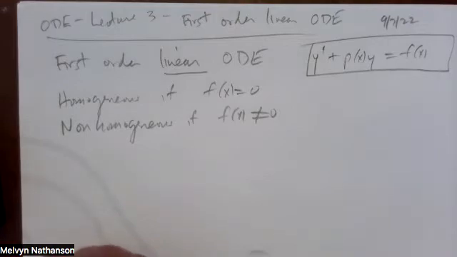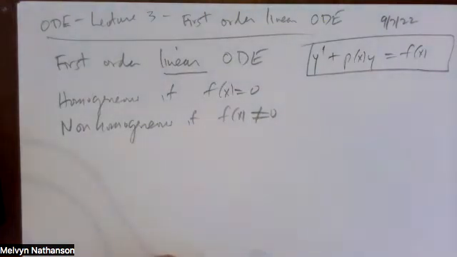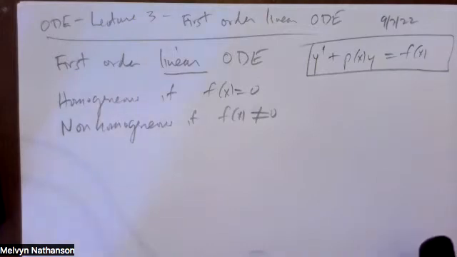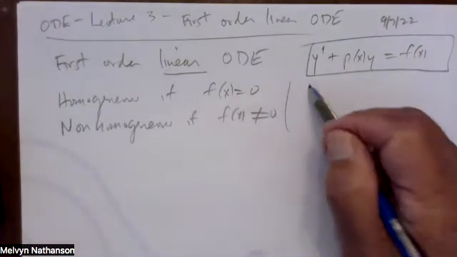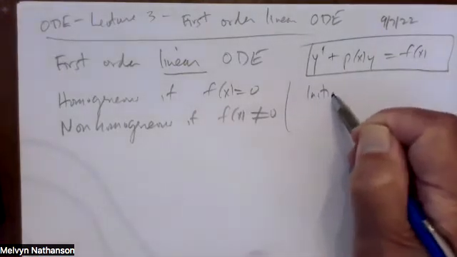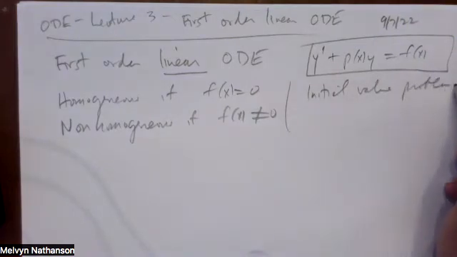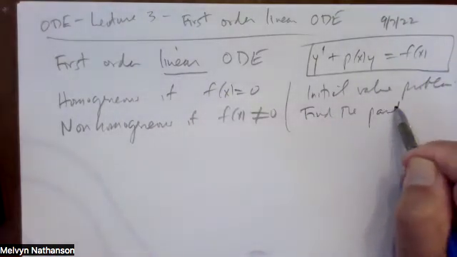And there is a method to solve all such differential equations, which I will show you and prove for you right now. Now, sometimes we have to find the general solution, and sometimes there is what is called the initial value problem. Find the particular solution.